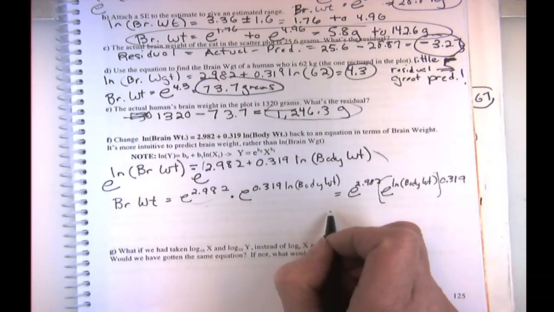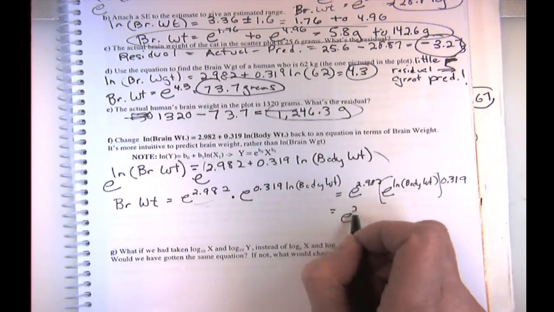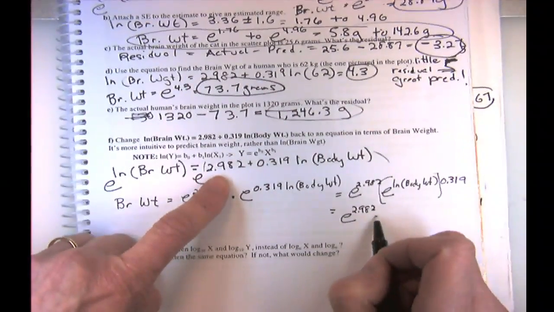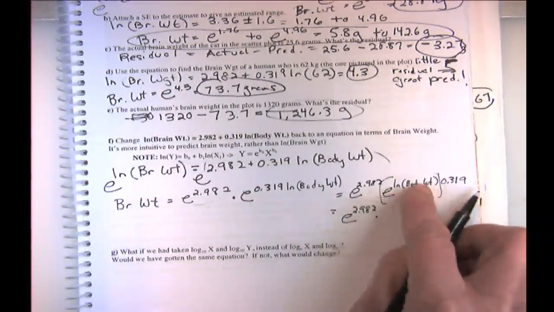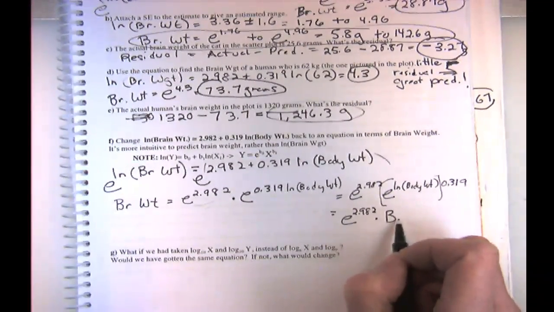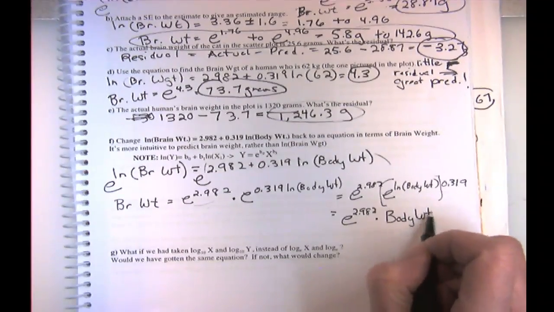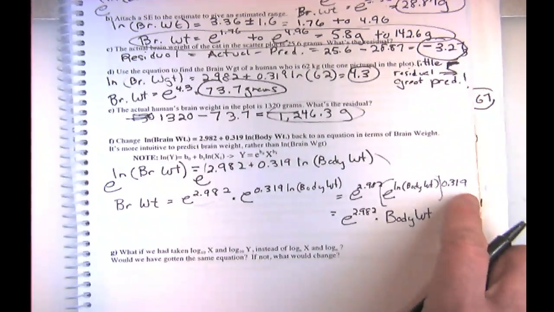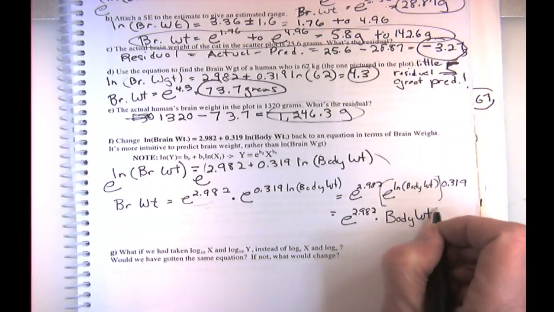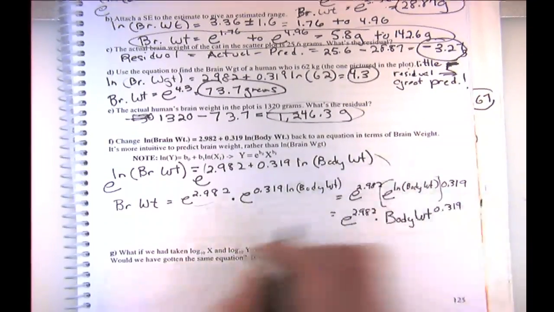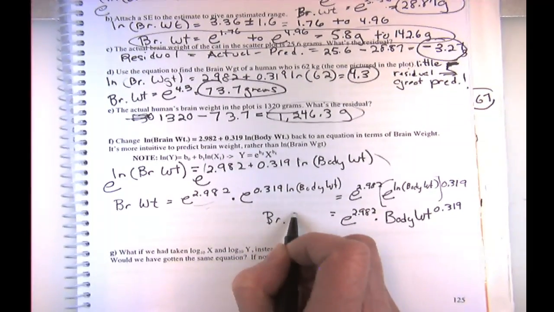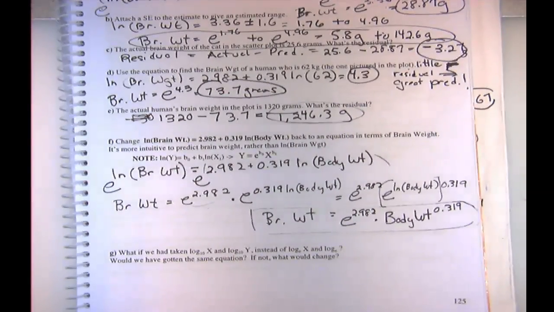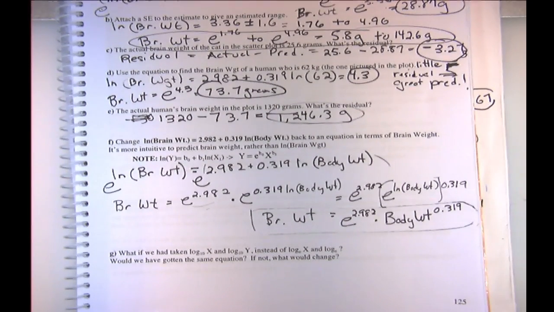So the brain weight equals e to your intercept times, by definition, this part's the body weight, and there you have your x. And there's your slope. So that's what it looks like when you anti-log it. All right, so now, any questions so far?